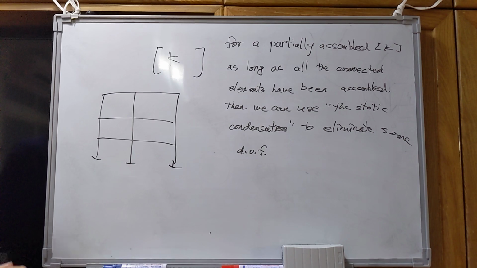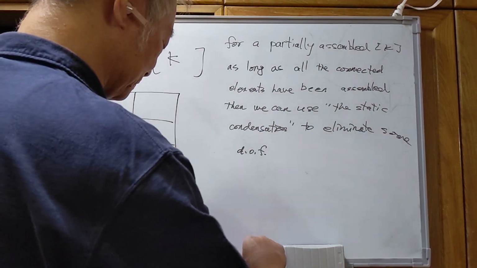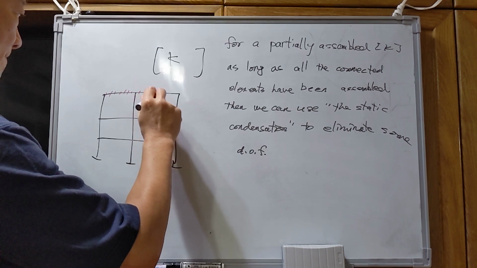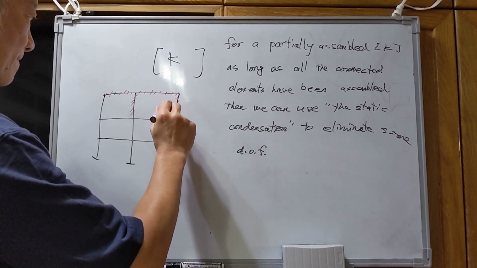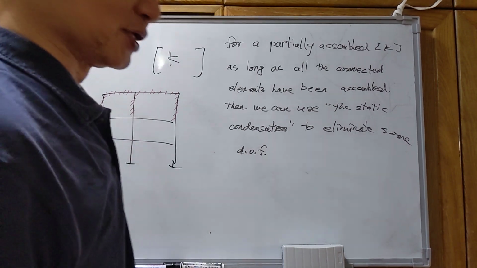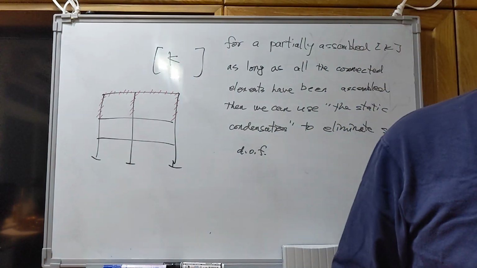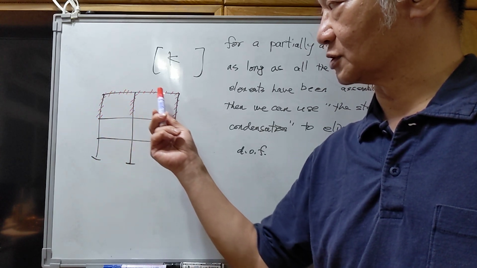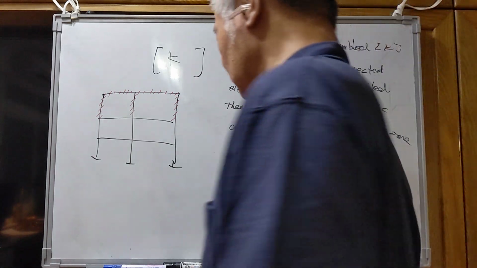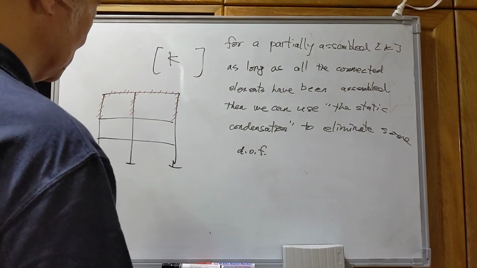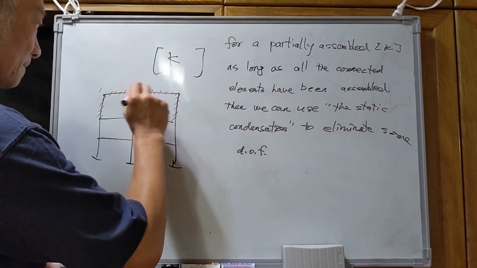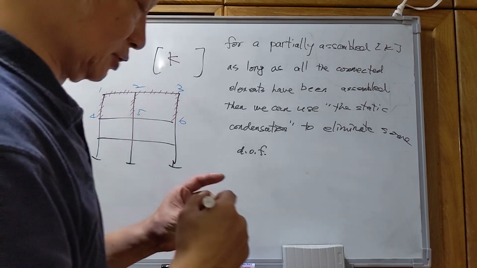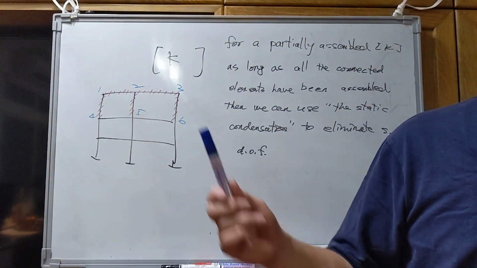sometimes if we assemble the elements in the top layer of the structure, it means we need to assemble these two beam elements, and also we need to assemble the three column elements, and the required degrees of freedom will be the nodal degrees of freedom for these 6 nodal points.